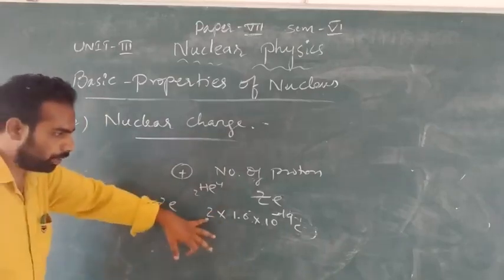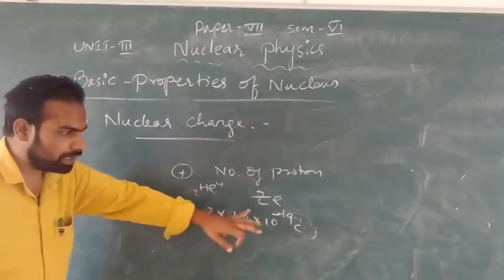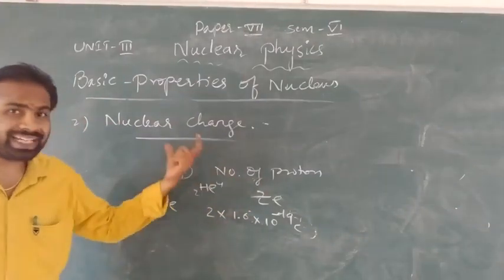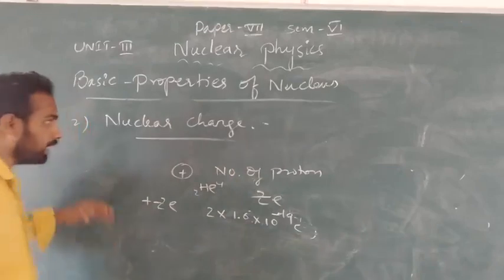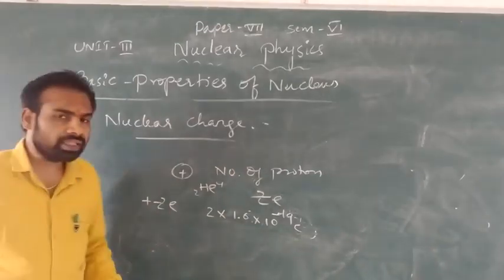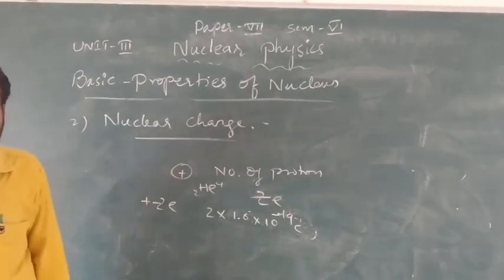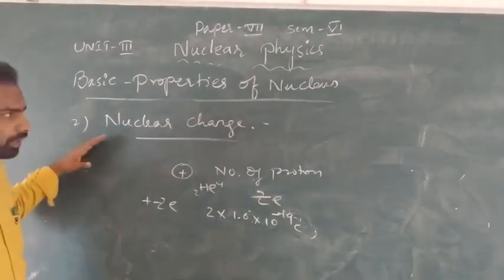With 2 protons, 2 into 1.6 into 10 power minus 19 coulombs is the total charge on the helium nucleus. Like that, the charge on the nucleus is given by the number of protons in it. So this is nuclear charge.